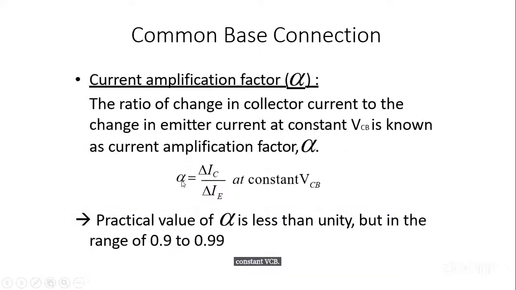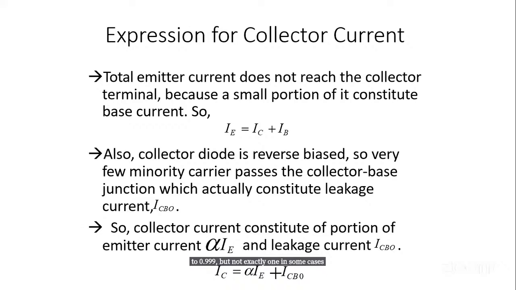So here we have current amplification IC over IE, and its practical value is less than 1, around 0.9 to 0.999, but not exactly 1.